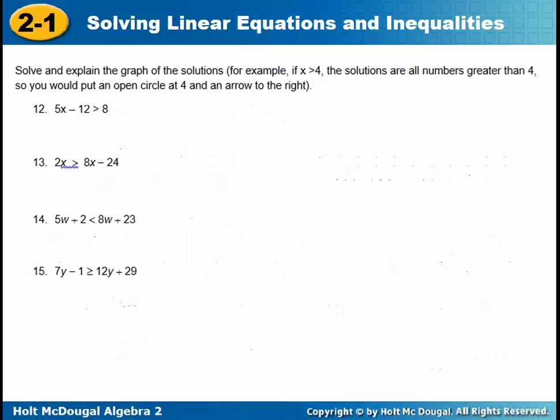So for your examples on your worksheet, you're going to solve these just like they were equations and then describe what your graph would look like. Let's do number 14. I will start by subtracting 5w from both sides to collect the variables.